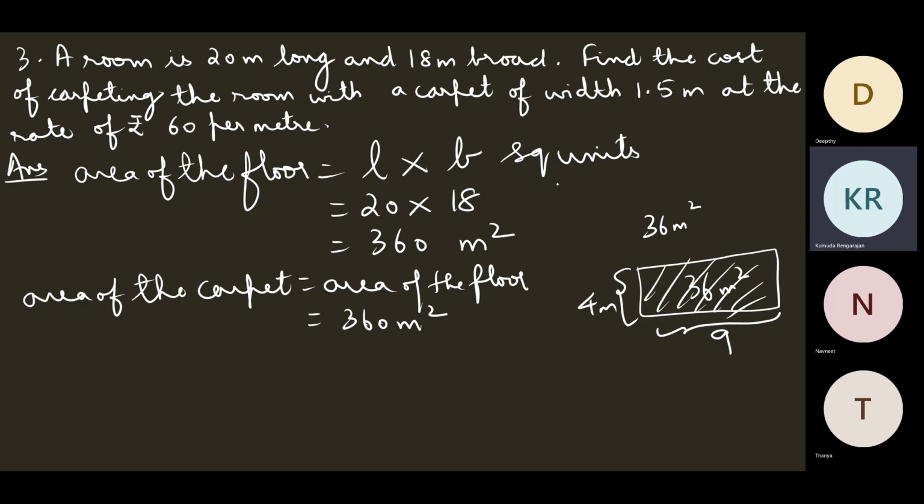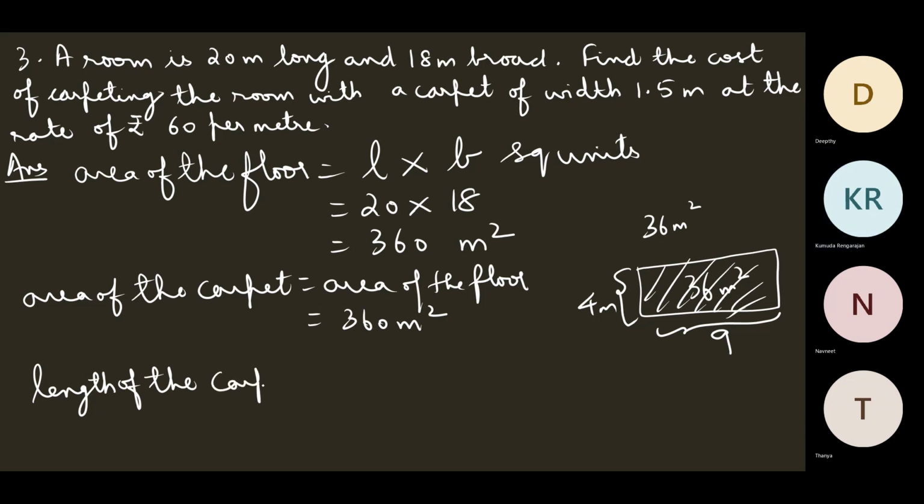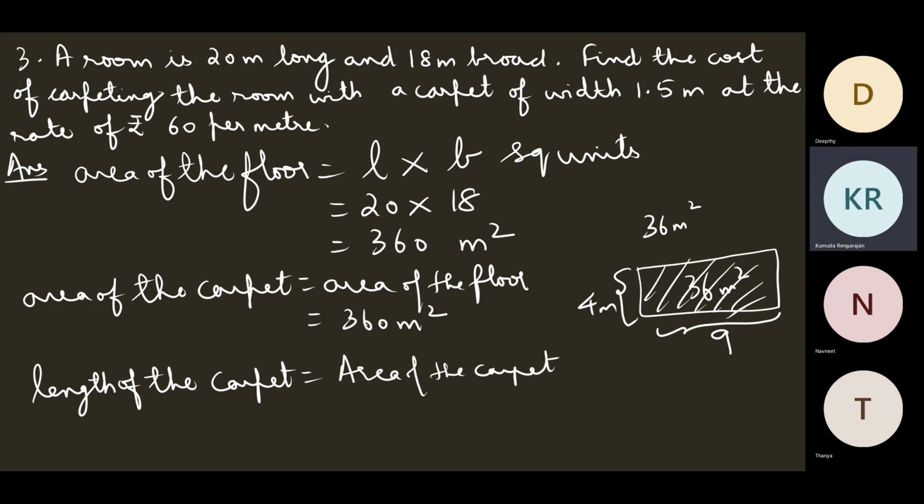So you must find the length of the carpet. Length of the carpet is equal to area of the carpet by breadth of the carpet.